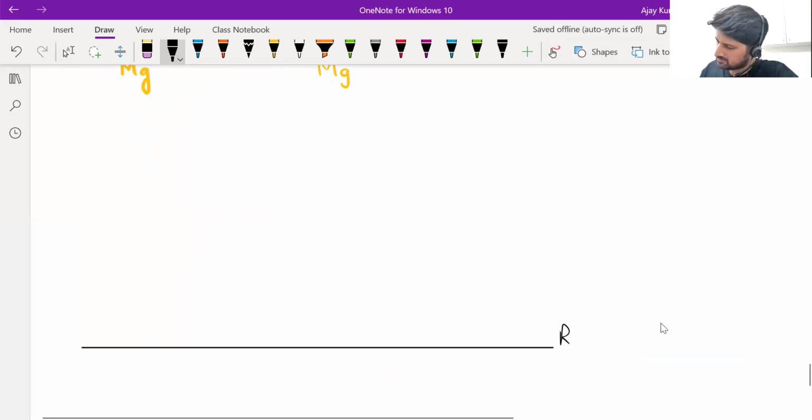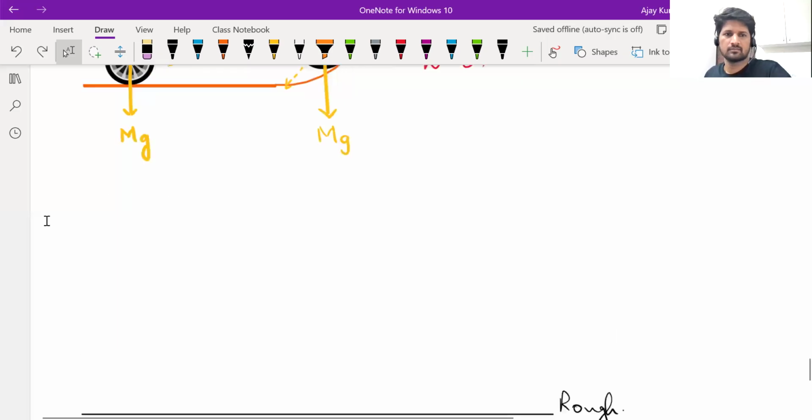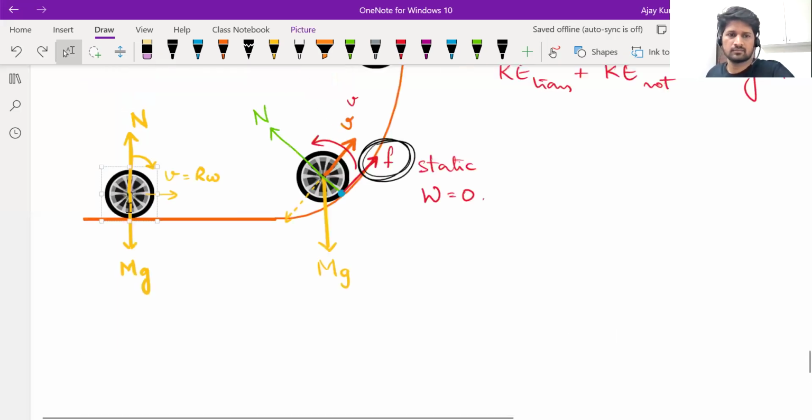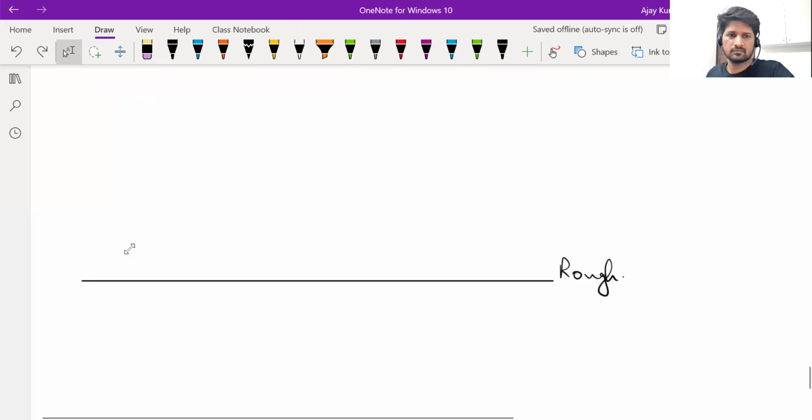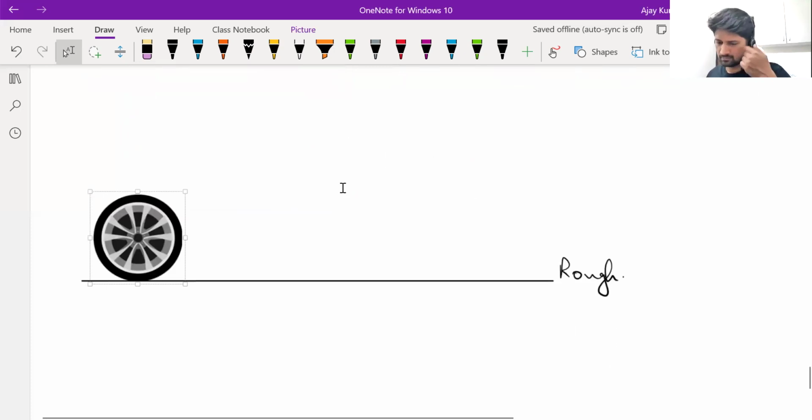Next. Suppose this is a rough surface. Wheel or disc or ball, anything you can consider.